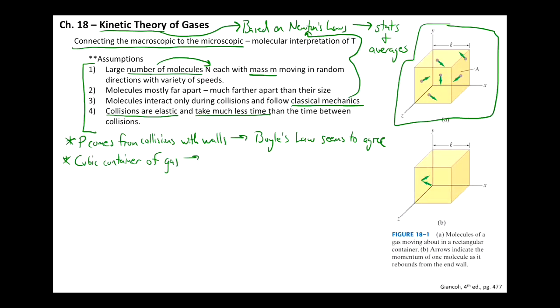And we're going to say that the walls have length L and sides have area A, as you can see in the diagram. Walls are all of length L and the sides have area A. And let's focus on, first of all, collisions with the left wall.